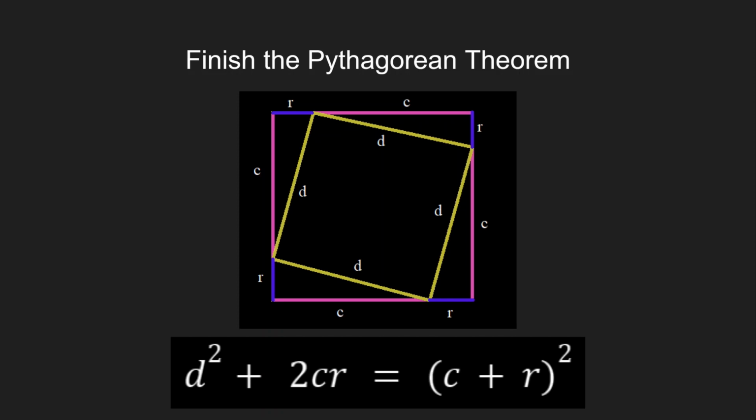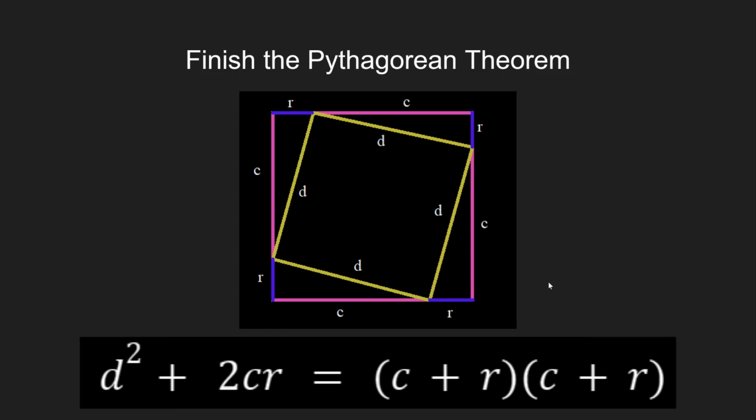Now we can simplify the right-hand side of our equation, which is C plus R squared, by our definition of squared.